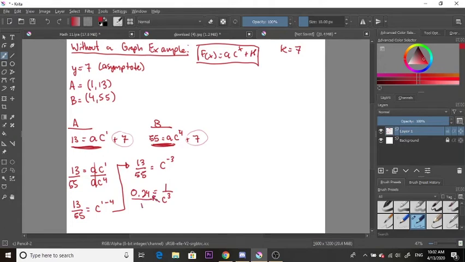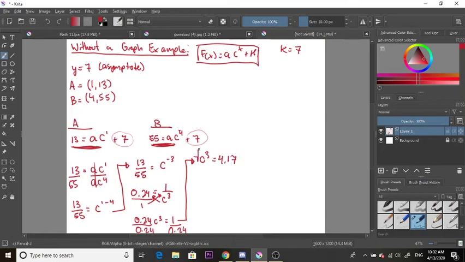So I'm going to bring this up here. So it's going to be 0.24 times c cubed is equal to 1. And then bring this up here again. I'm going to divide both sides by 0.24. So I'm going to get c to the power of 3 is equal to 4.17.